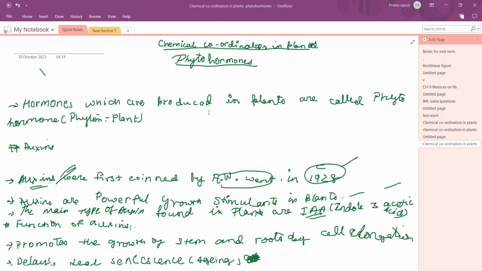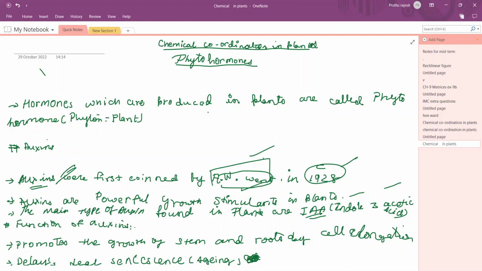So auxins. Auxins were first coined by F.W. Went in 1928. This F.W. Went, its name you have to know. This is the scientist who coined auxins for the first time in 1928. Next, auxins are powerful growth stimulants in plants.